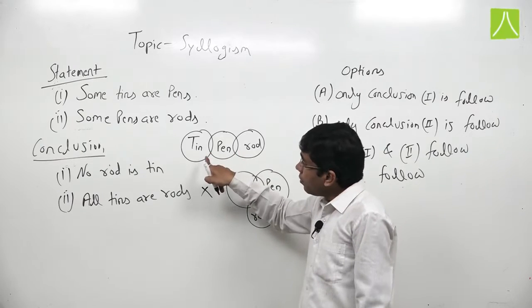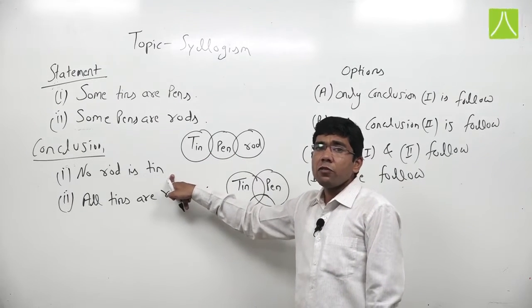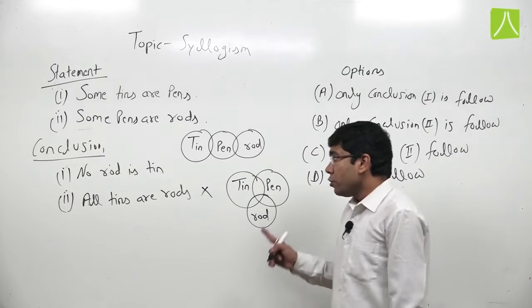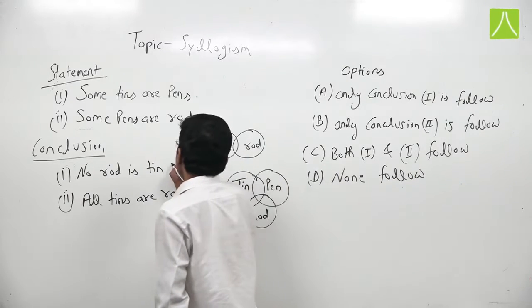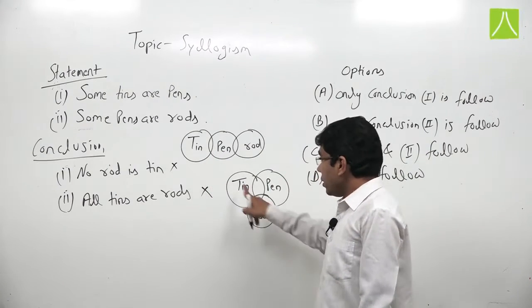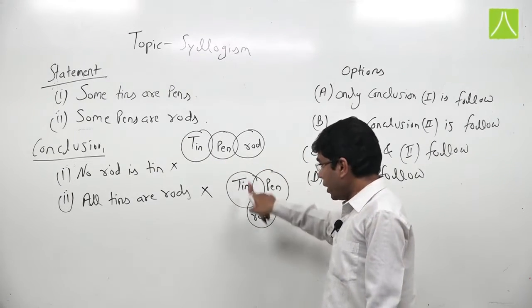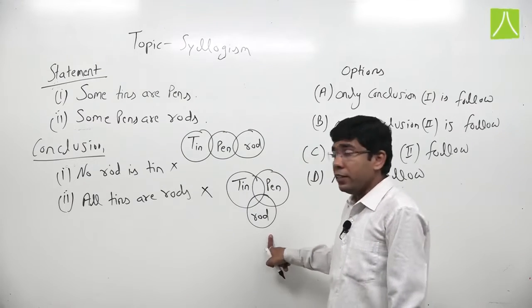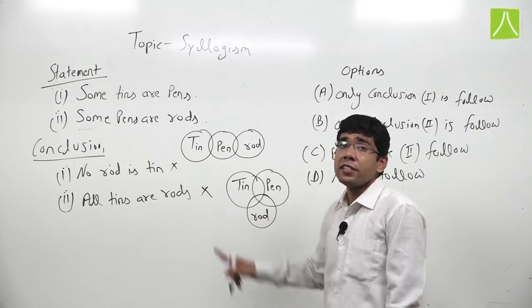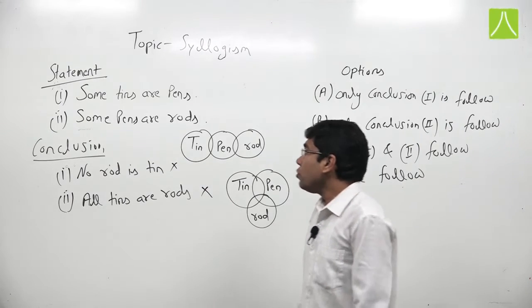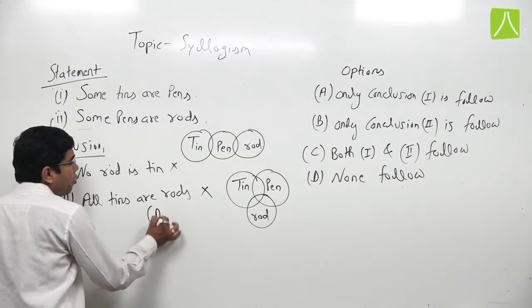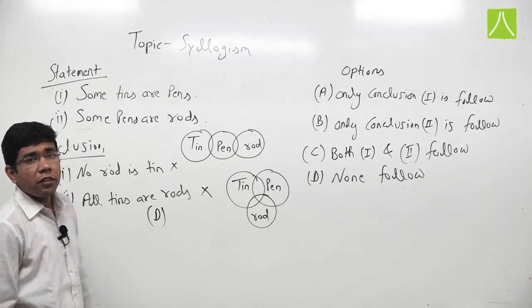By the basic diagram we can say this conclusion is correct. So there is no 100% surety. So conclusion 1 is also wrong, because tin and road can be connected, there is a possibility. So we cannot say that no road is tin is 100% correct. So for this question our answer should be option D, both conclusions do not follow.